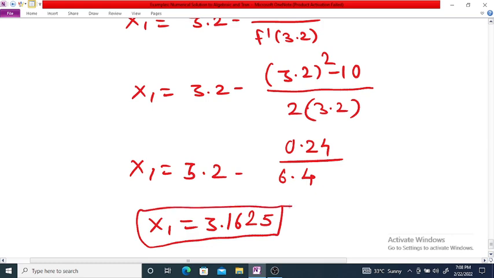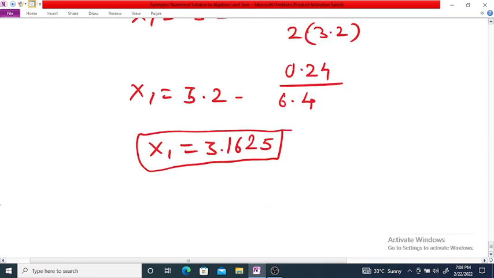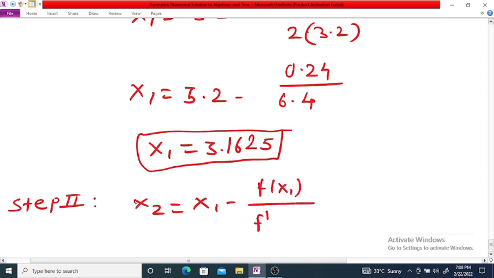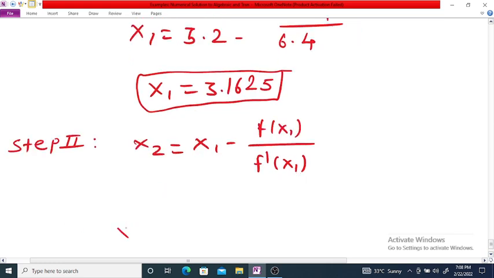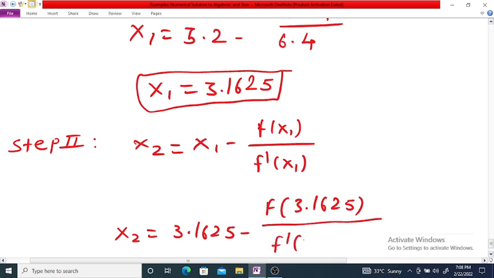Now x2, next step number 2. We assume x2 is equal to x1 minus f of x1 divided by f dash of x1, and therefore x2 is equal to 3.1625 minus f of 3.1625 divided by f dash of 3.1625.